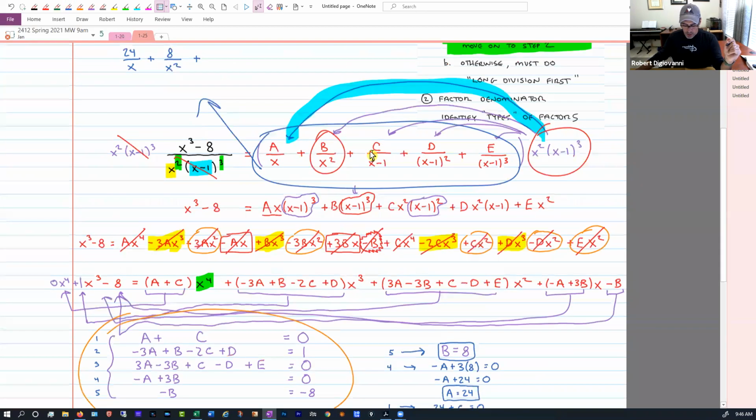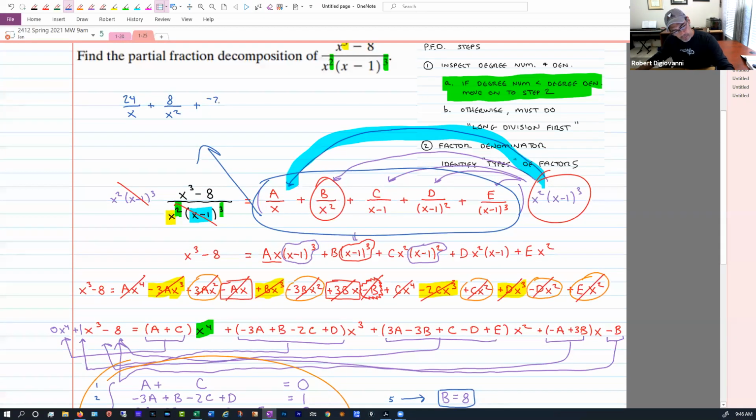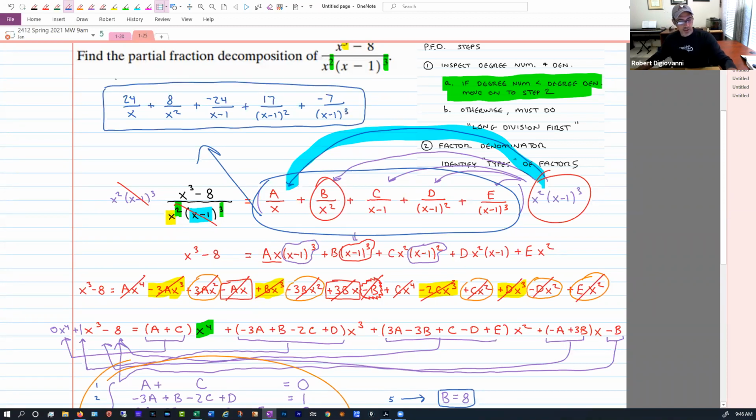Plus C was negative 24 over x minus 1. And then plus D, which was 17, so 17 over x minus 1 squared. And then plus E, which was -7, we think, over x minus 1 cubed. There is the partial fraction decomposition of that rational function.